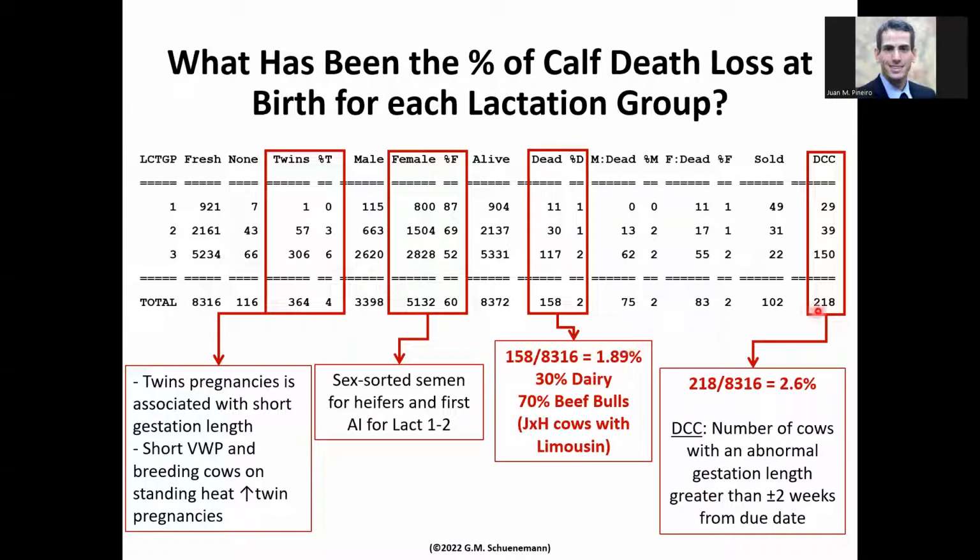In this particular farm, I look at all the calves because not all of them are going to be dead. But I always look, if you click this number here, you should be able to see these 218 cows and the number of gestation lengths, because this number might change according to this. These are some of the cows that are outside the normal range, right? And you've got to keep an eye on that.